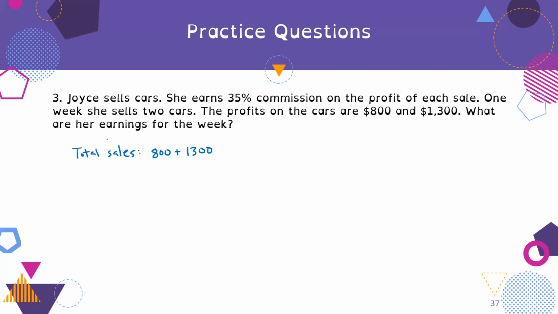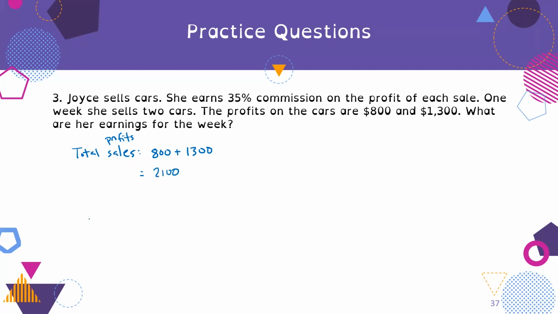So maybe I should have said total profits because the cars didn't actually sell for that amount. That's how much the car dealership made after the expenses, the cost of the cars. So this is just based on profit. Sometimes commission is just based on profit. So 800 plus 1,300 is going to be 2,100.